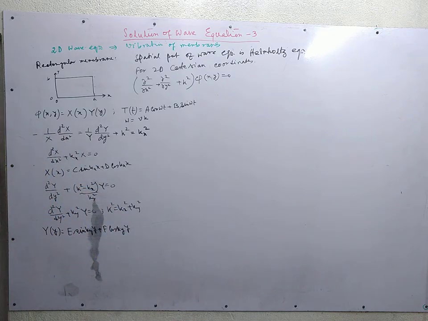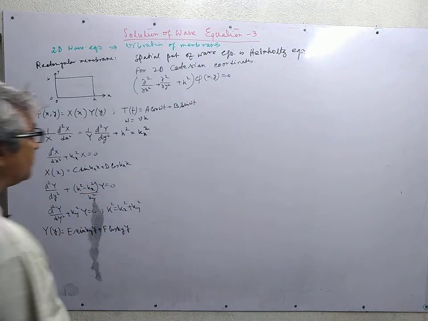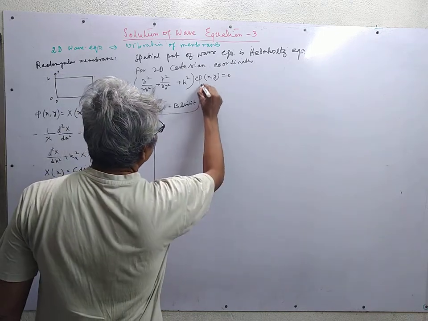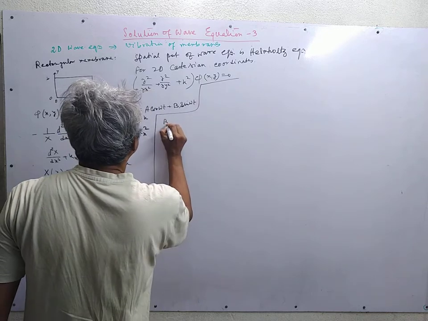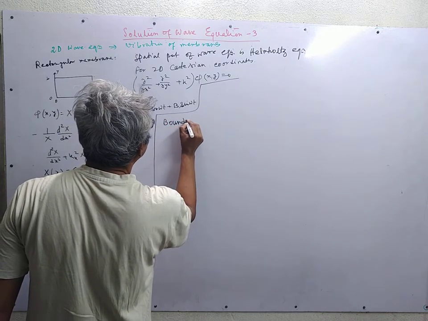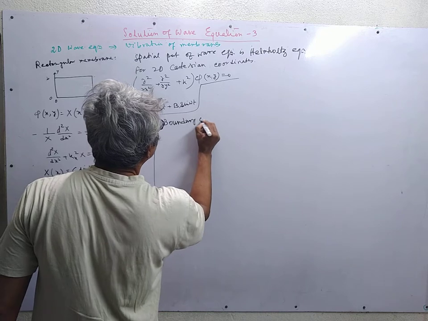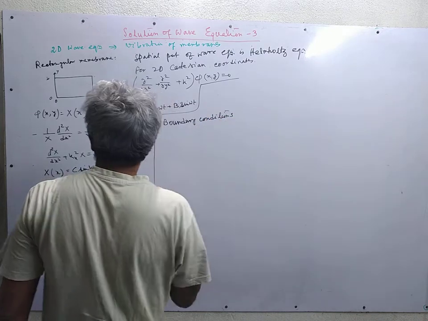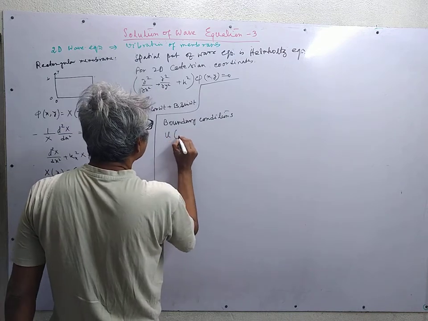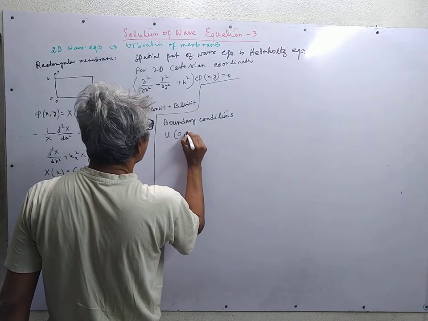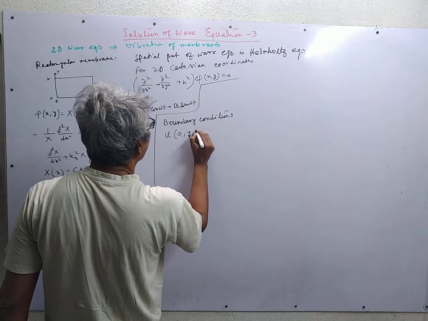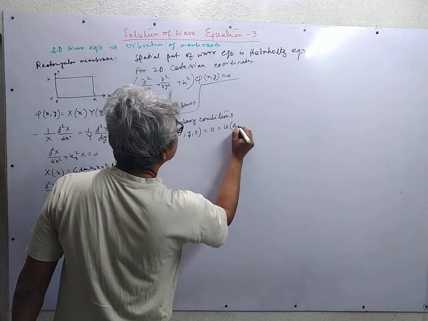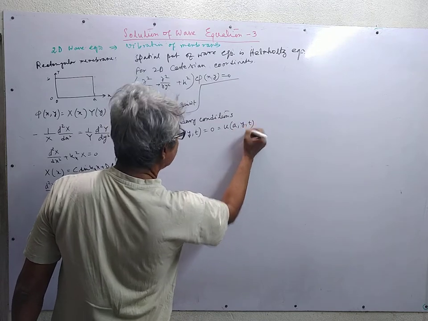Now what are the boundary conditions of the problem? The conditions are u at x equal to 0, for all values of y and t, is equal to 0, is equal to u at x equal to a, y, t.